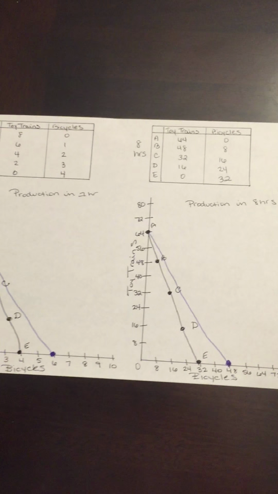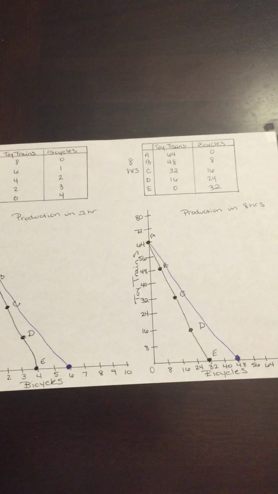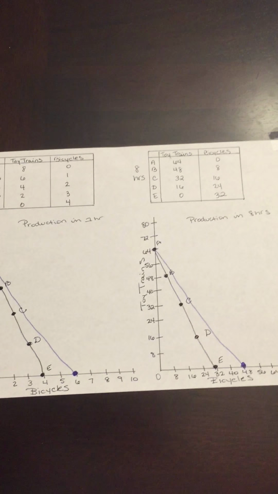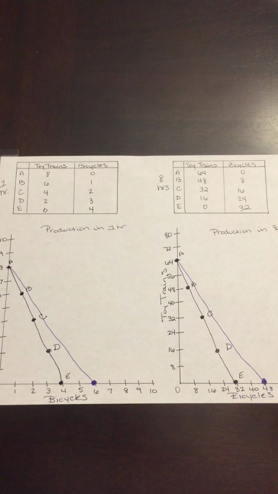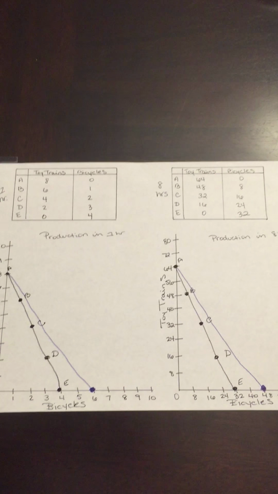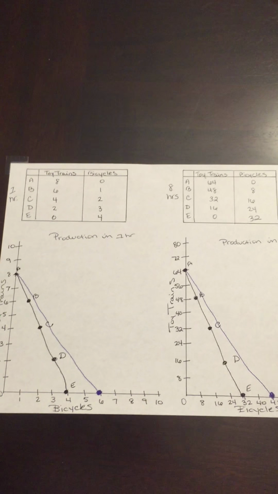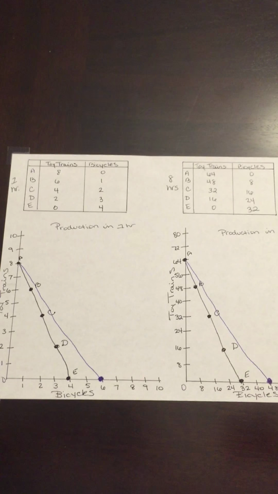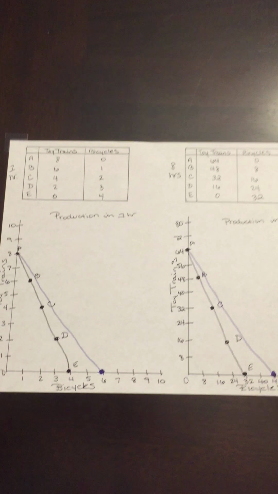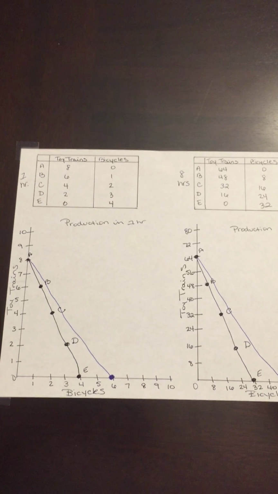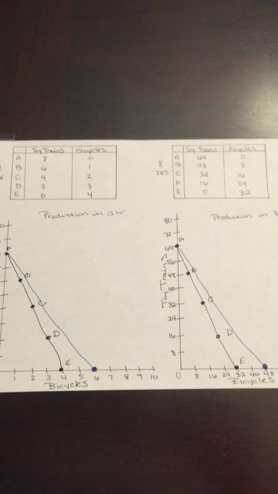Now, if we had a change in resources that maybe affected both goods, such as maybe increased amounts of aluminum that was available that's being used in both the toy trains and the bicycles, that increased the amount that could be produced.